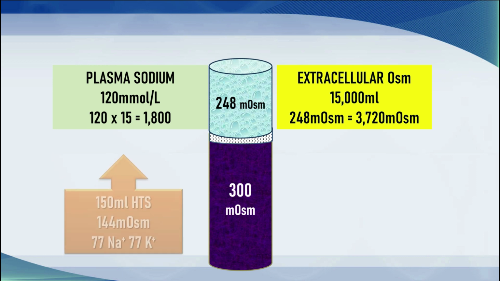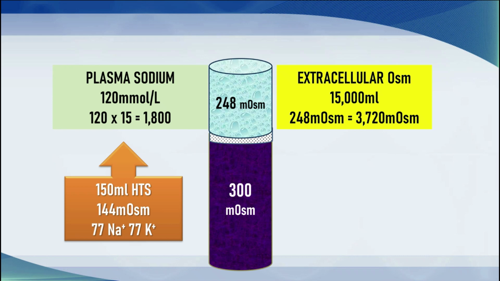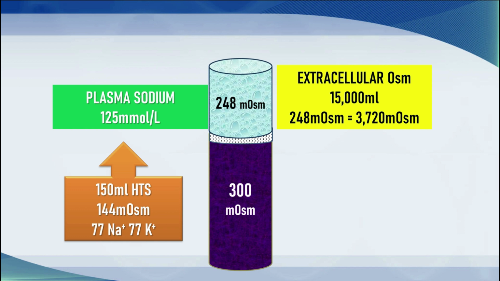If we come along and give 150 mils of hypertonic saline, that contains 144 milliosmoles in total, 77 of sodium, 77 of chloride. The impact that this will have is to drive up the plasma sodium by 5 millimoles per litre. This is very, very, very safe.